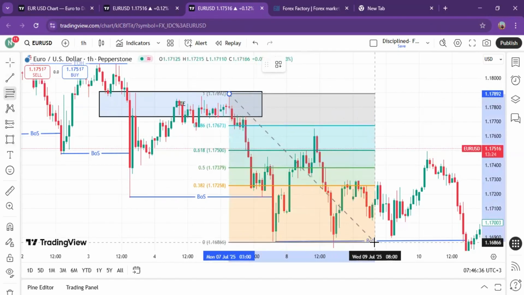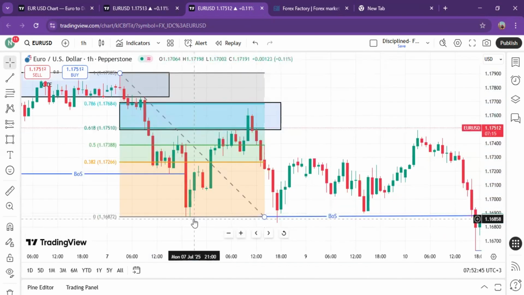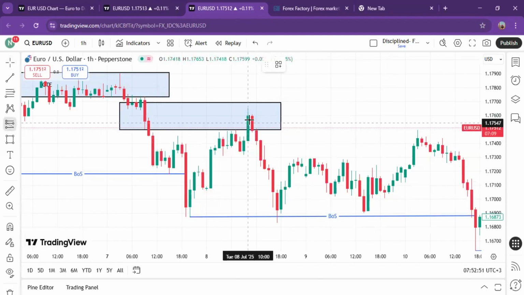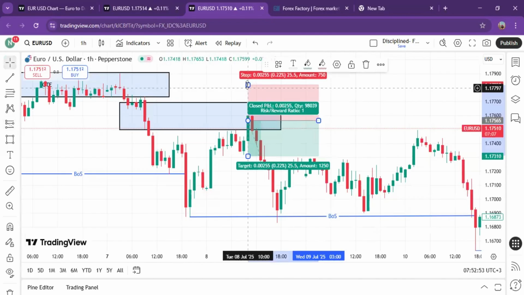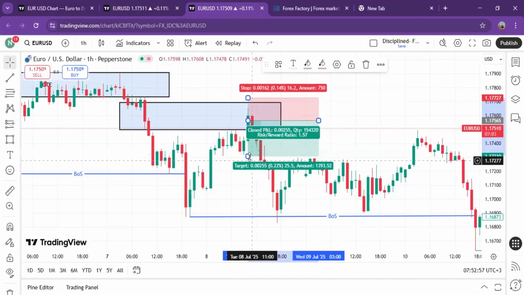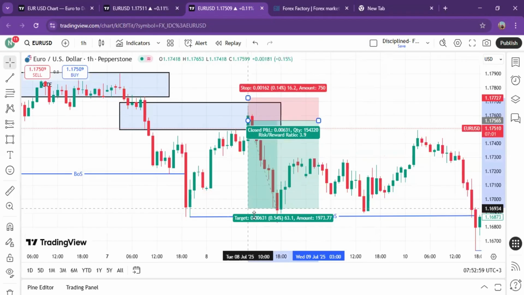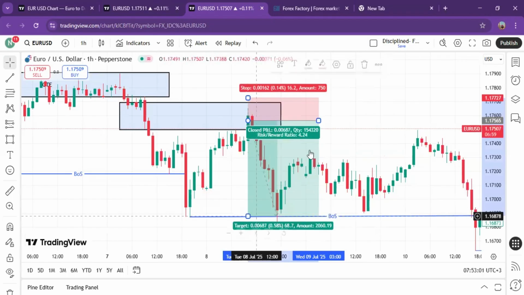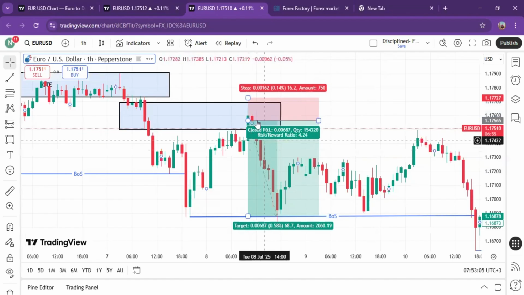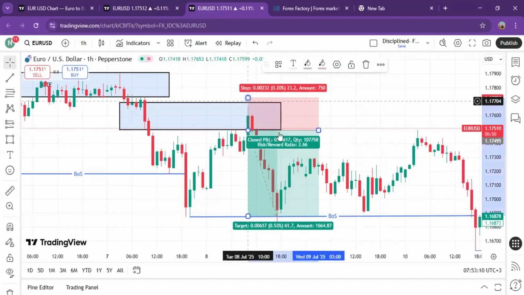You can also use the Fibonacci retracement tool from that point and set your sell order or sell limit at that point, targeting the market to take out the next low. So with this method, you can secure a good risk to reward ratio, or else you can enter at that point.